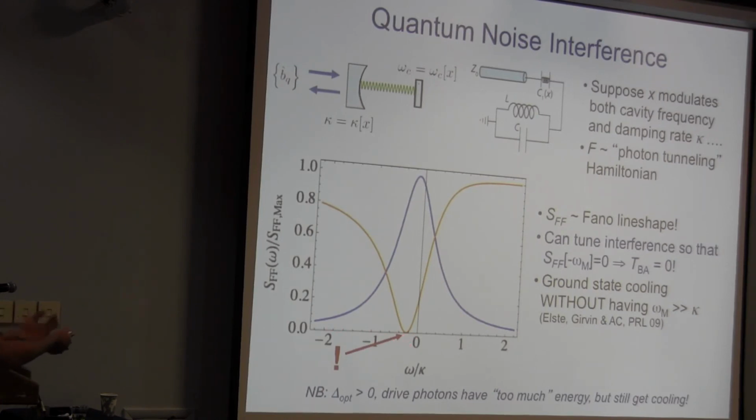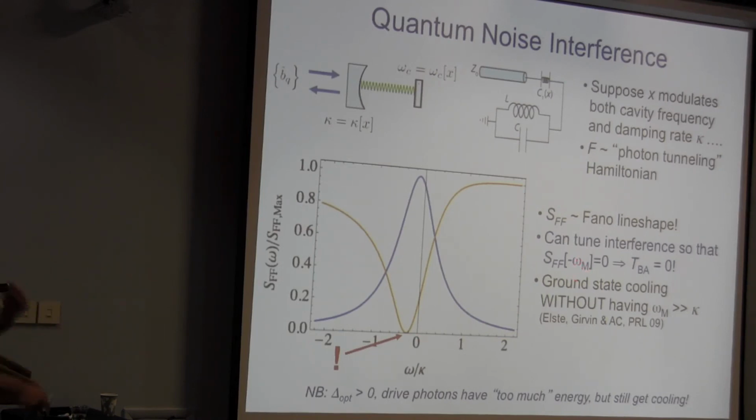Okay, so in this system, again, you can still use exactly the same approach. The quantum noise spectral density tells me how the system acts like a dissipative bath. You can actually use interference physics to cool all the way to the ground state by putting this 0 exactly at the negative frequency of the mechanical resonator.